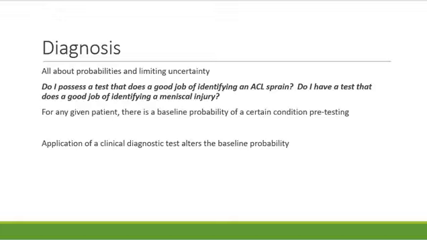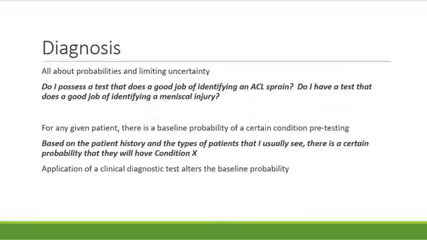Now, for any given patient, there is a baseline probability of a certain condition pre-testing. So based upon my patient history and the types of patients that I usually see, there is that baseline probability. We're going to be interested in knowing, can the test we use shift that probability, either increase it or decrease it?